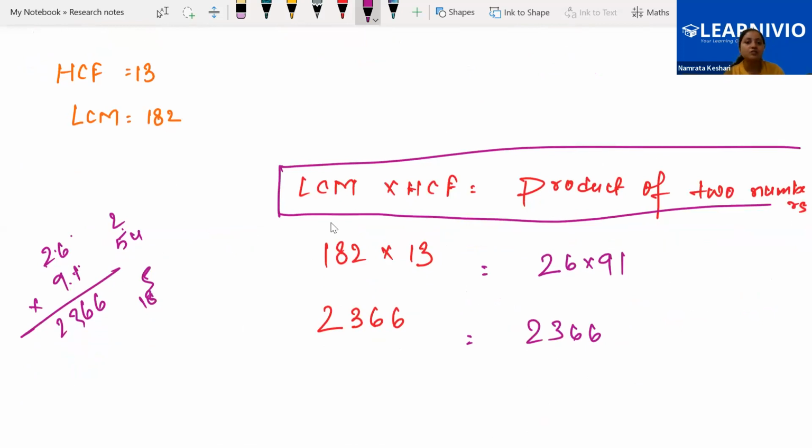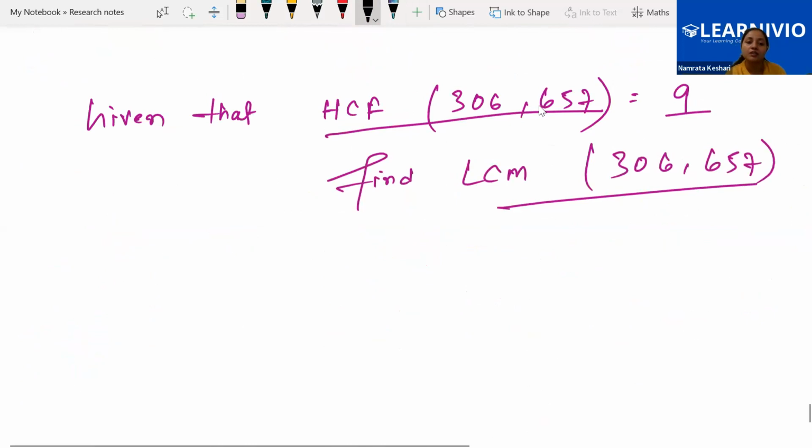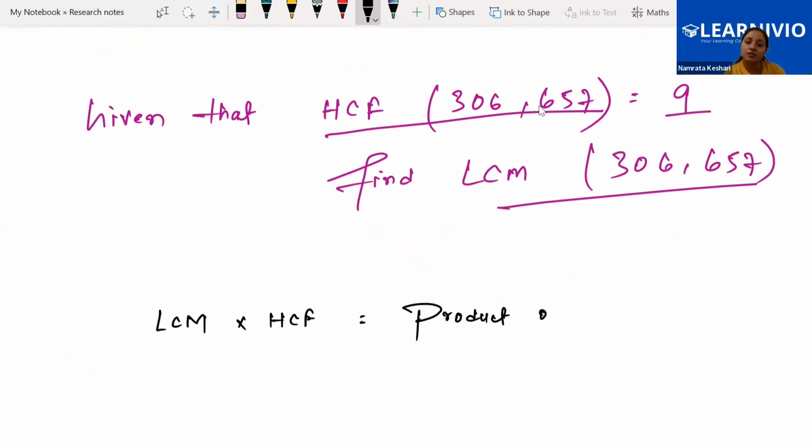Okay, let's use the formula. The formula is LCM into HCF is equal to product of two numbers. LCM we have to find.